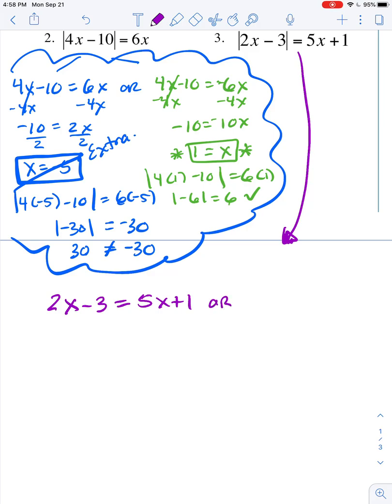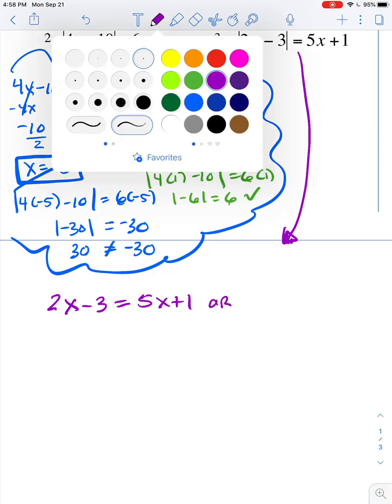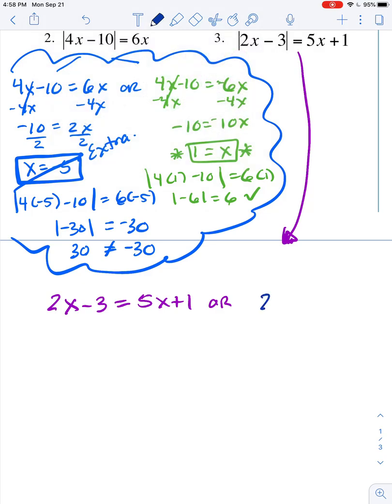But now I have to set up my other option and say, well, the other possibility is that 2x minus 3, because you never change what's in the bars, like I said earlier, is going to equal the opposite of this side. This one's tricky, because like here, we could just throw down the negative in front of the 6, but it has to be the opposite of this whole side. So that negative distributes, and I'm actually going to be solving this problem.